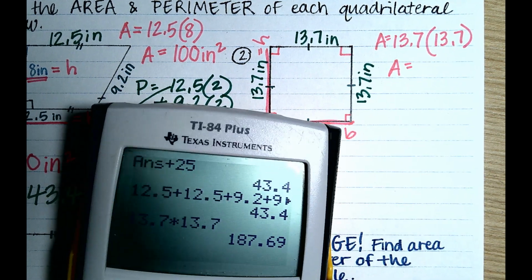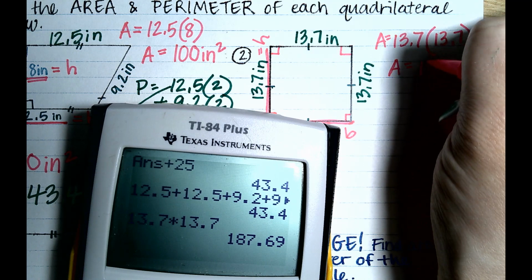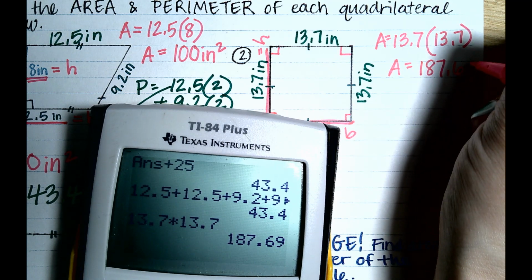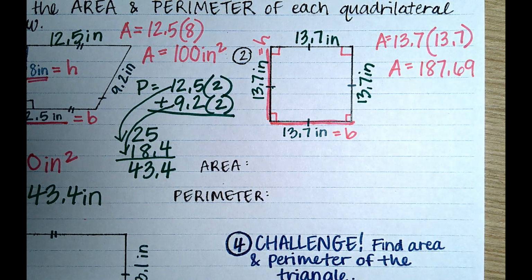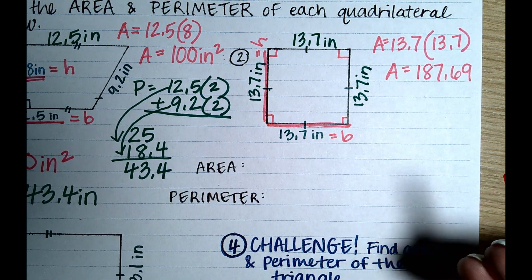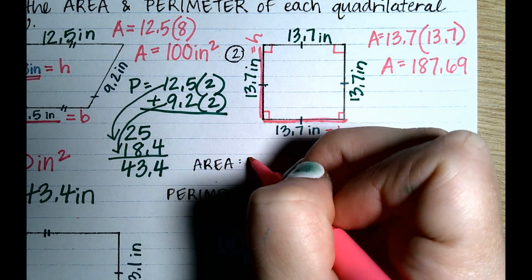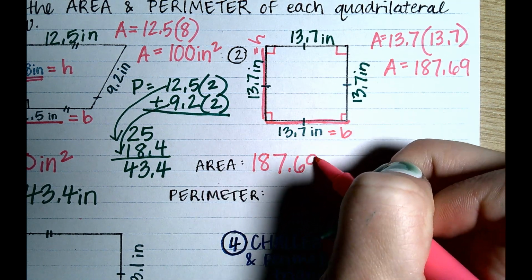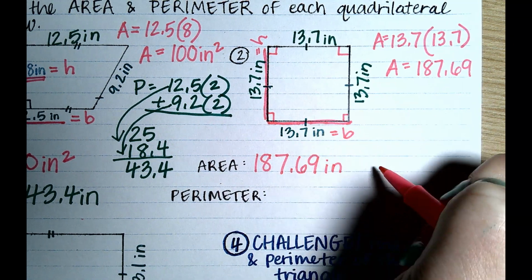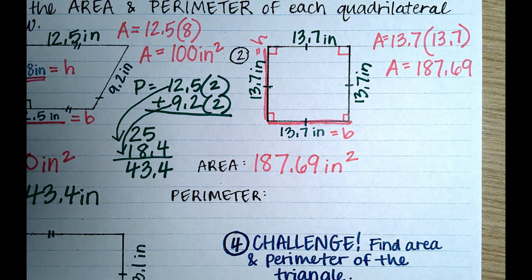Okay, so our area would be 187.69. And what would our units be? Inches squared. So 187.69 inches squared. Good.